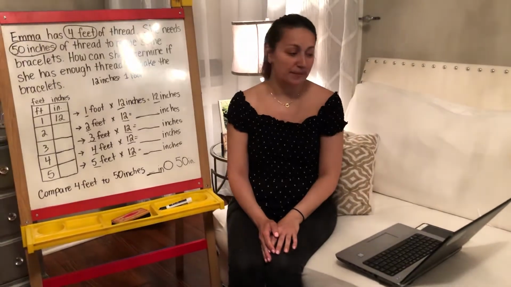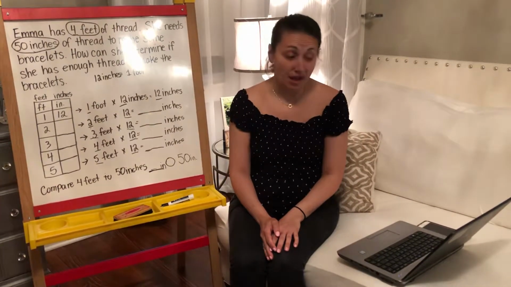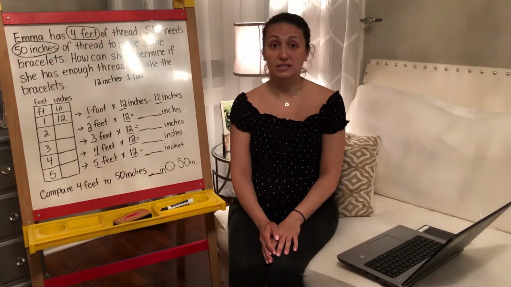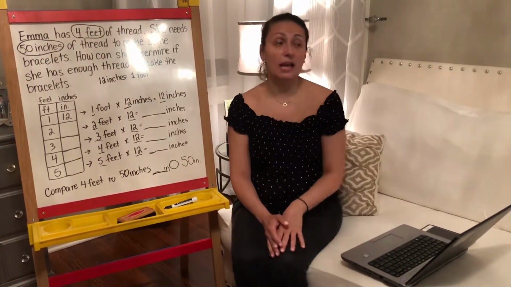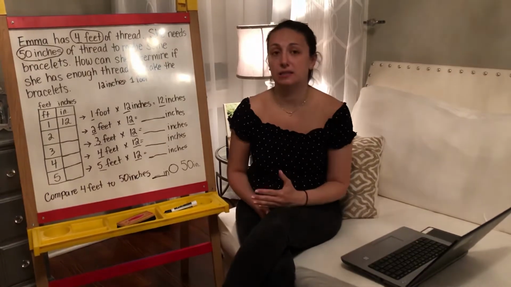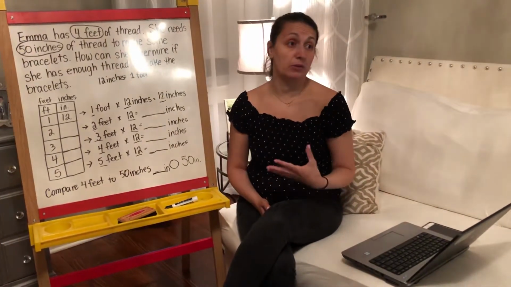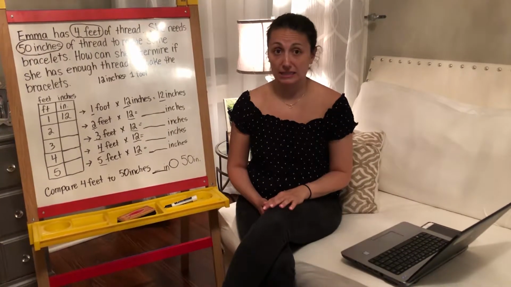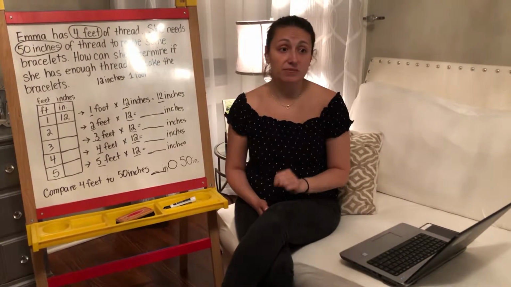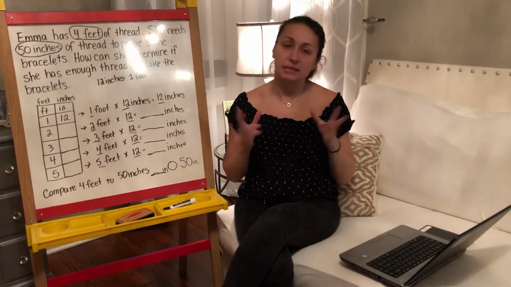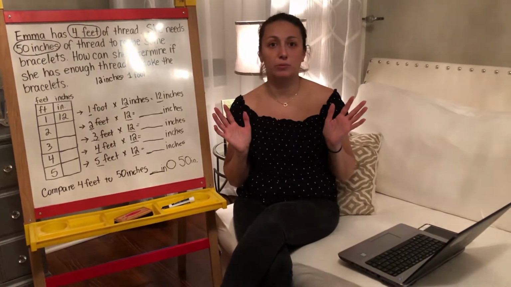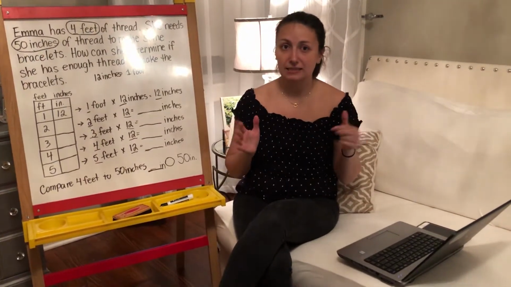And we're going to be learning how you can use models to compare customary units of length. When we were talking about the customary system, this is a system that we use for measurement here in the United States. There are two systems of measurement, the customary system and the metric system. Basically, the metric system is used everywhere in the world except for the United States.